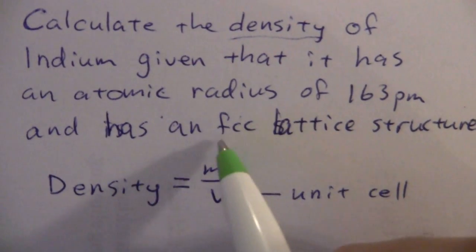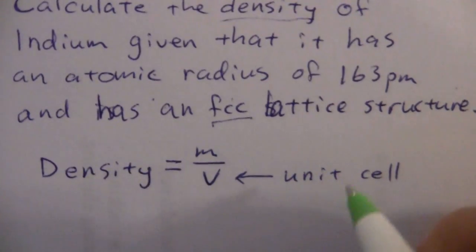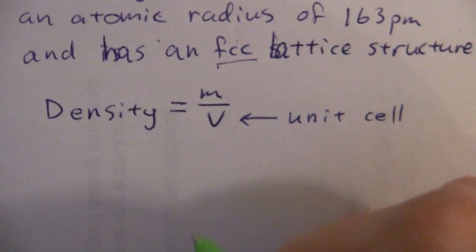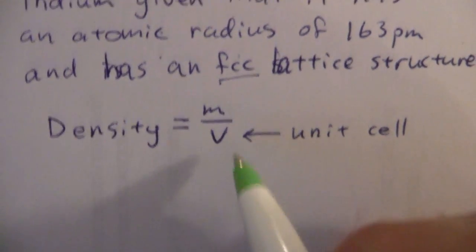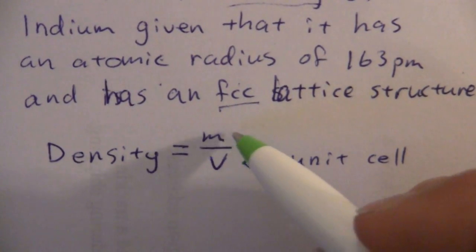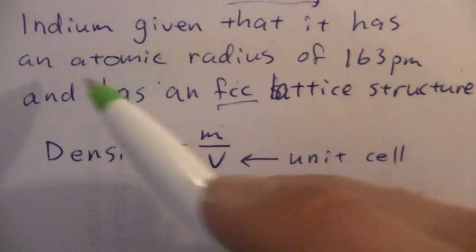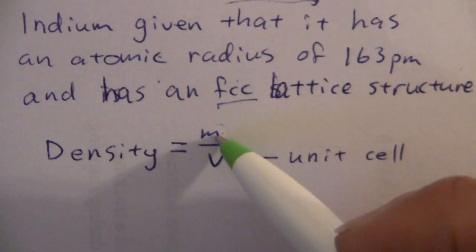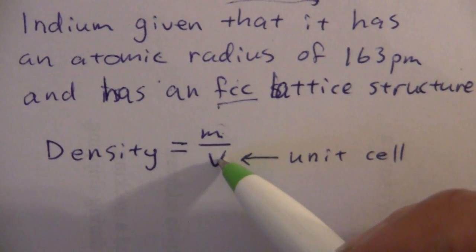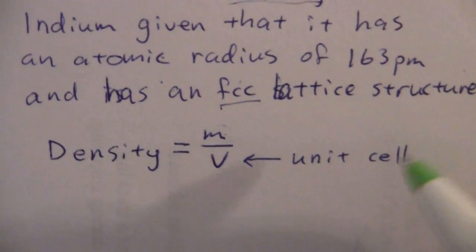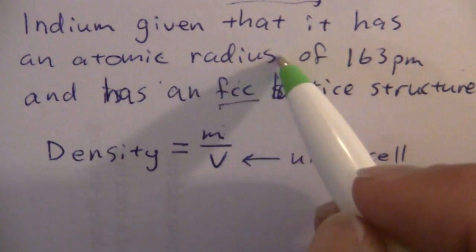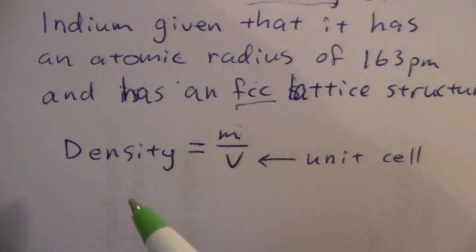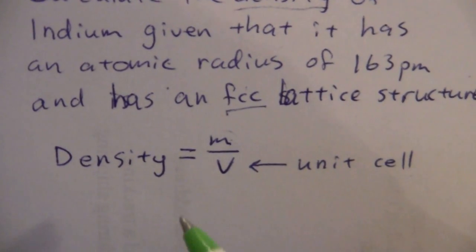We know that our unit cell is face-centered cubic, and therefore we can determine how many atoms of indium are within that unit cell, and from the atoms we can determine the mass, and that's the mass per unit volume. And the size of the unit cell we can know from the radius. So that's the basic idea. Now let's do the calculation and see what we get.